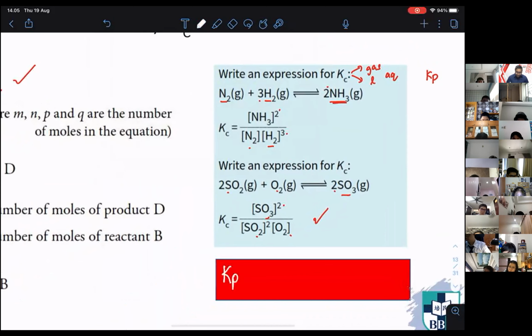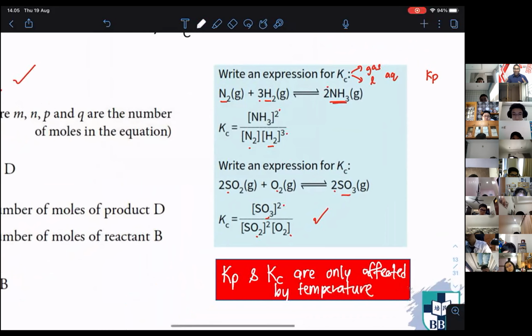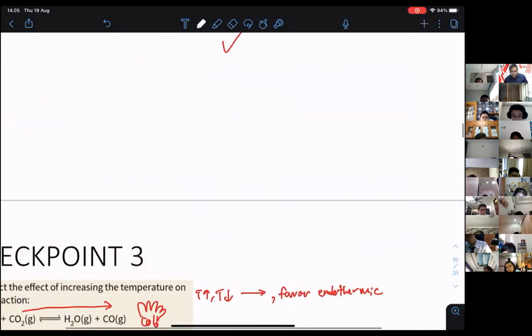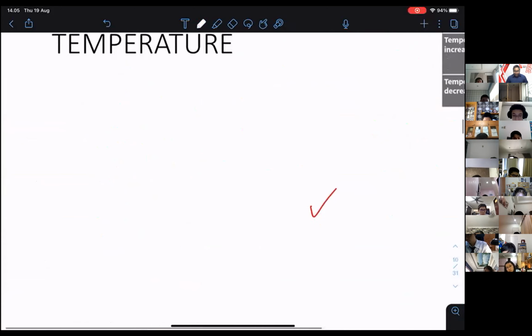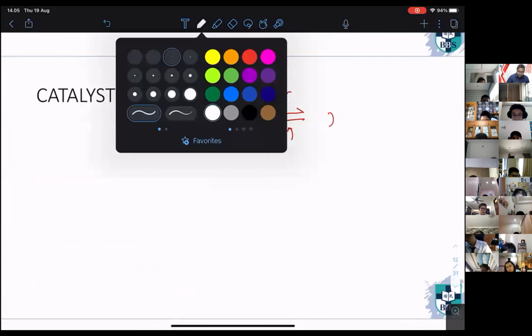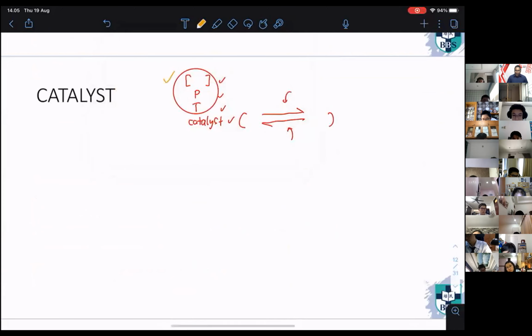Your Kp and Kc are only affected by temperature. So if you have any change in terms of temperature, that affects it. But if you have any changes in terms of concentration, in terms of pressure, and you add catalyst, they will not affect your Kp and Kc.